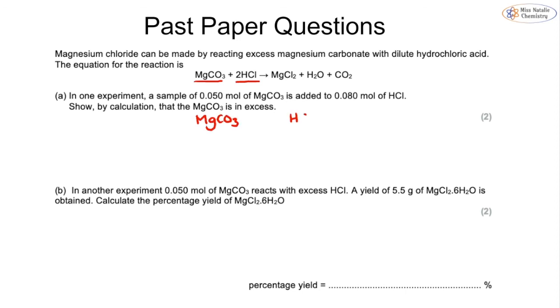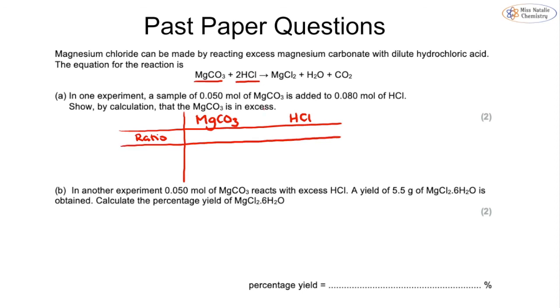So if we have MgCO3 and HCl, and we want to draw a table, hopefully we can fit it in, our ratio is 1 to 2. This time we don't need to calculate it, I have 0.05 versus 0.08. For my need, if I wanted to use all of the 0.05, I would need twice the amount of that for HCl, which is 0.1.